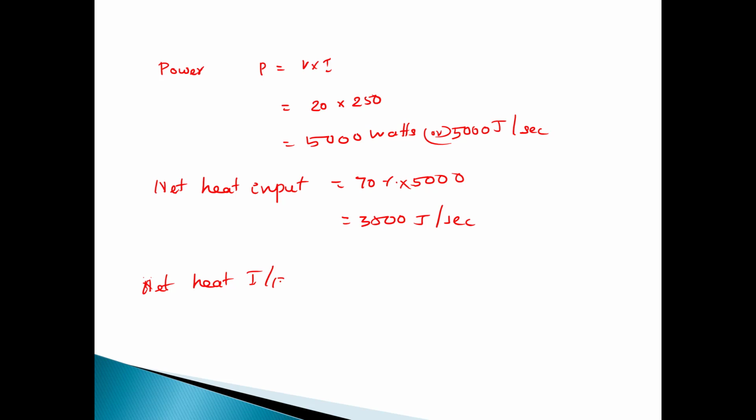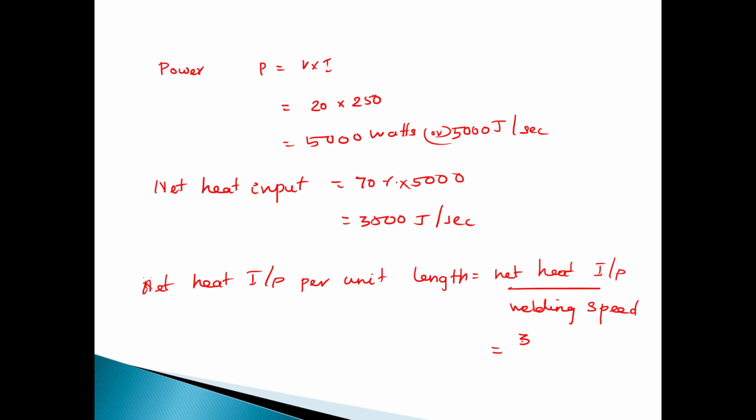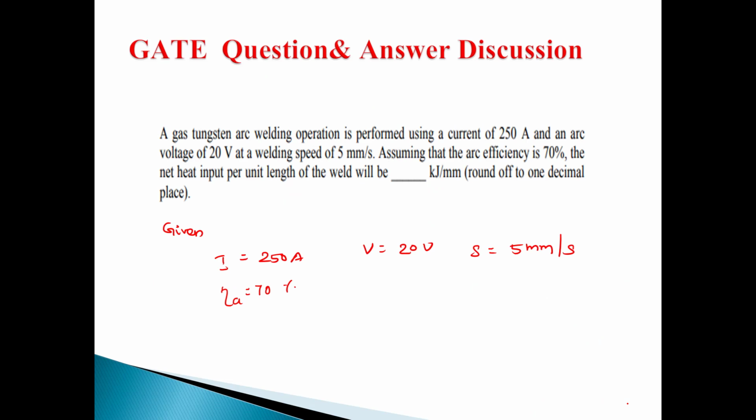Net heat input per unit length is equal to net heat input divided by welding speed, which is 3500 divided by 5, the speed given in the question itself, so 700 joule per mm. In the question they are asking in terms of kilojoule. So this is 0.7 kilojoule per mm. 0.7 kilojoule per mm is the right answer.